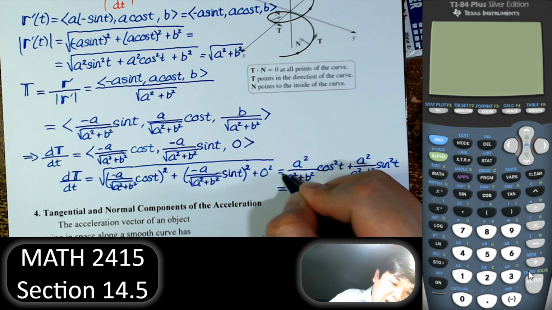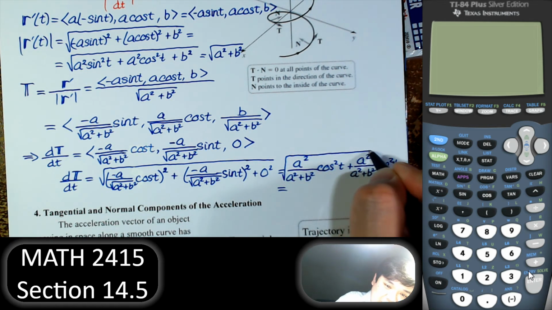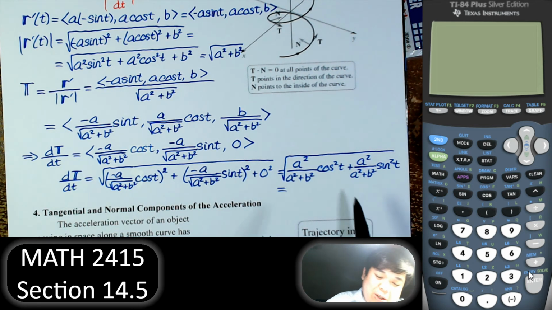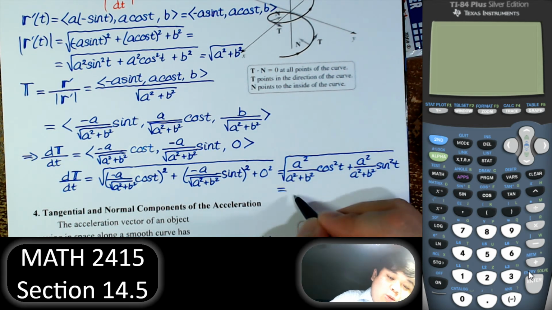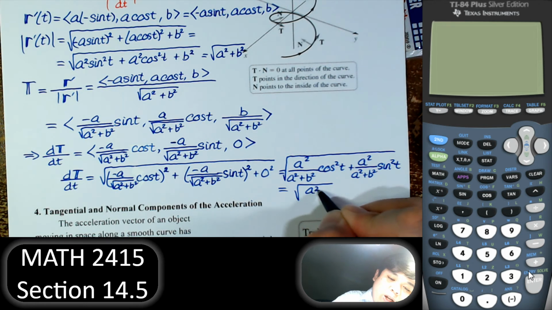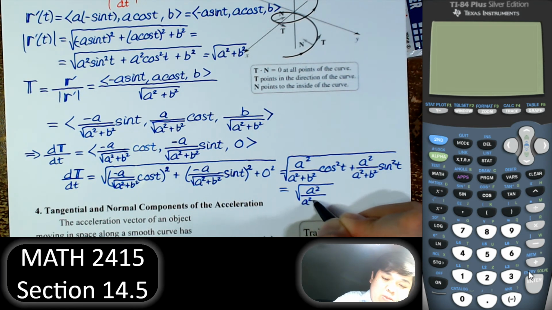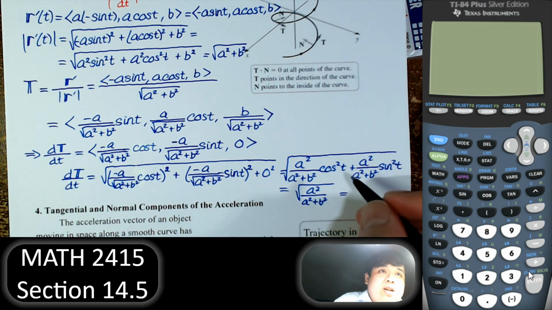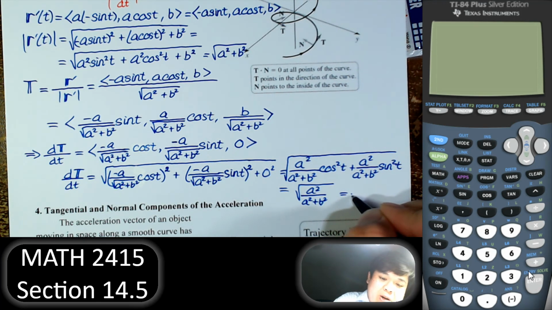Oh yes, I realized I forgot one thing, so that's the square root. Again, we will have the square root of a squared over a squared plus b squared.